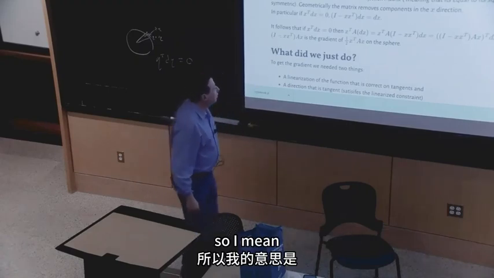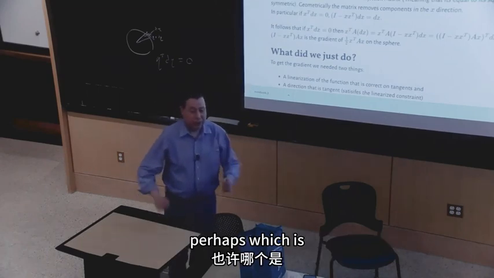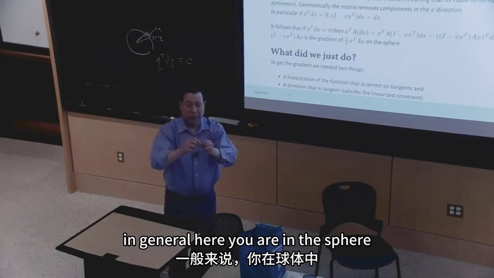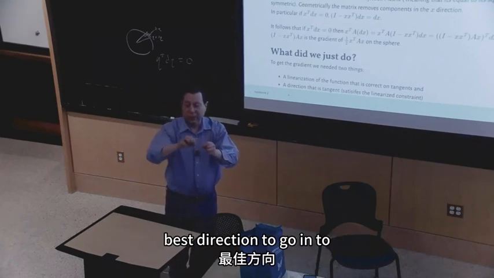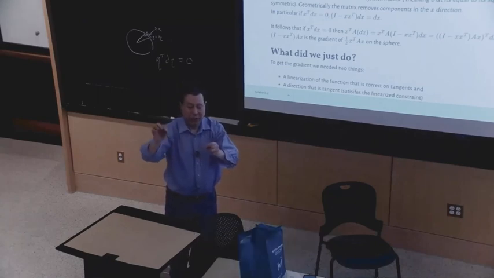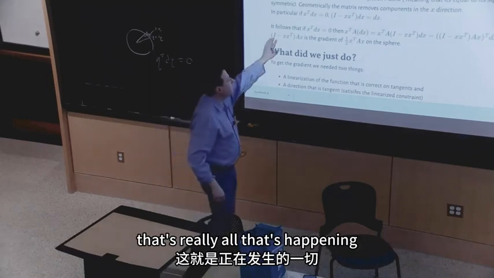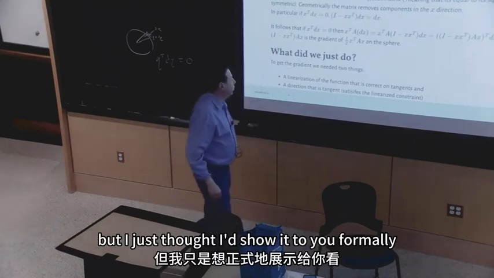What's really going on could be said more simply: here you are on the sphere, and you want to figure out the best direction to go in to minimize that quadratic form. But you're only restricted to the sphere, so go ahead and project that gradient down to the sphere. That's really all that's happening, but I just thought I'd show it to you formally.